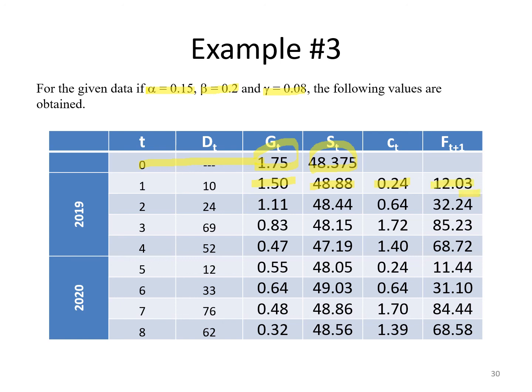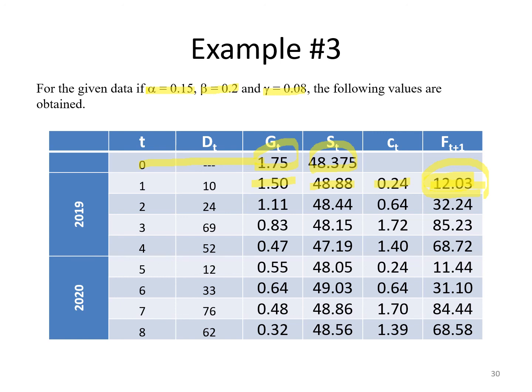The value of the forecasted demand here represents the forecasted demand for the first period in the given data.